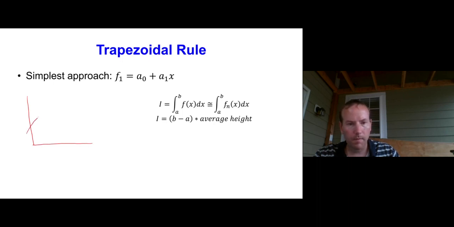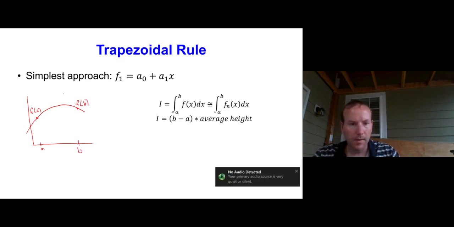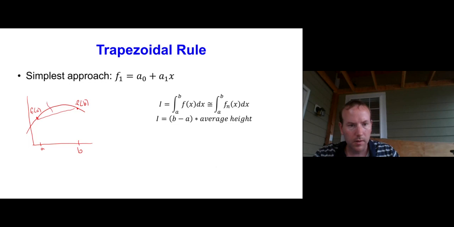So if your function looks something like this, and it's going from f of a to f of b, we're going to just assume that our line, f of 1 in this case, our first order approximating function, is linear. And so then what we're going to be doing is calculating the area inside this.